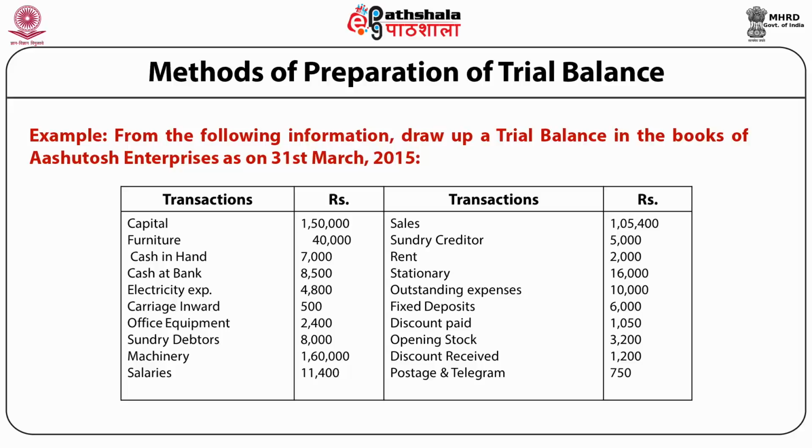So, in these transactions, for example, the capital has credit balance, furniture has debit balance, cash in hand debit balance, cash at bank debit balance, electricity expenses debit balance, carriage inward debit balance, office equipment debit balance, sundry debtors debit balance, machinery debit balance, salaries debit balance, sales credit balance, sundry creditors credit balance, rent debit balance, stationery debit balance, outstanding expenses credit balance, fixed deposit debit balance, discount paid debit balance, opening stock debit balance, discount received credit balance, postage and telegraph debit balance.